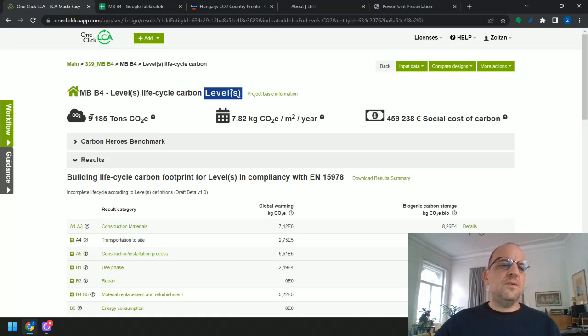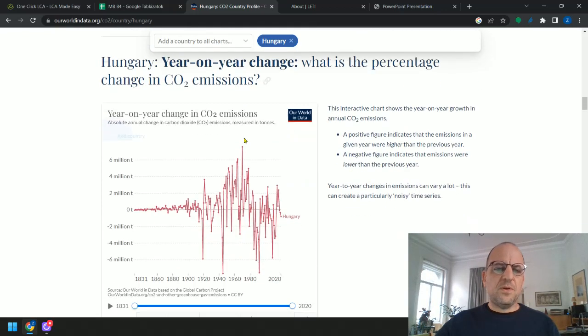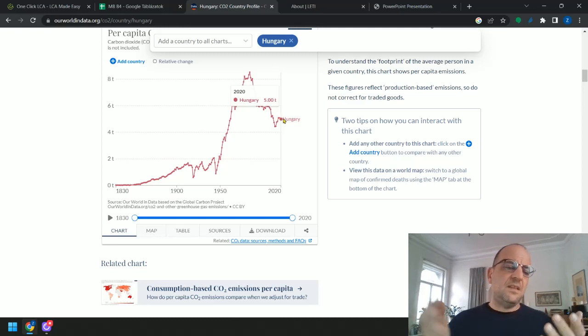It depends on your point of view whether that is large or not. Let's say that each person in Hungary accounts for 5 tons of carbon dioxide emission annually, then the building's carbon dioxide emission is equal to about 1,900 or 2,000 persons' emissions annually.